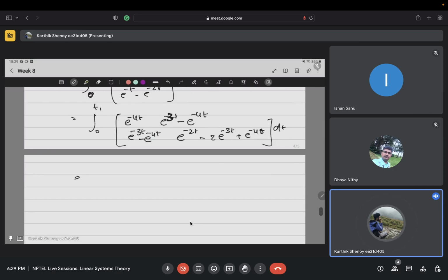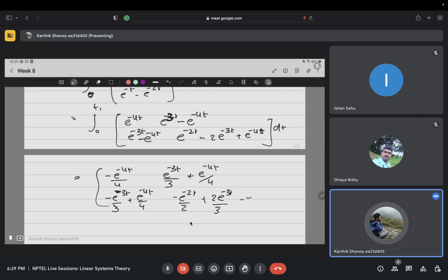So now you integrate. It's just exponentials, so it's very easy: minus e raised to minus 4t by 4, e raised to minus 3t by minus 3 plus e raised to minus 4t by 4, minus e raised to minus 3t by 3 plus e raised to minus 4t by 4, minus e raised to minus 2t by 2 plus 2 e raised to minus 3t by 3 minus e raised to minus 4t by 4.